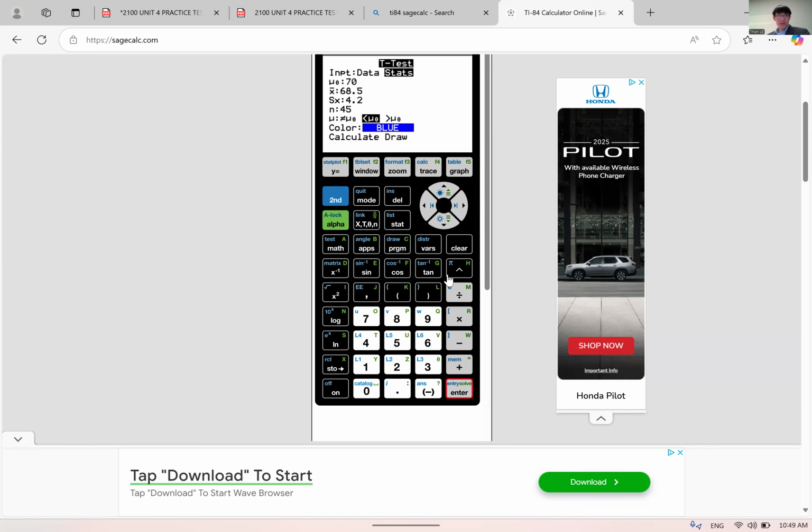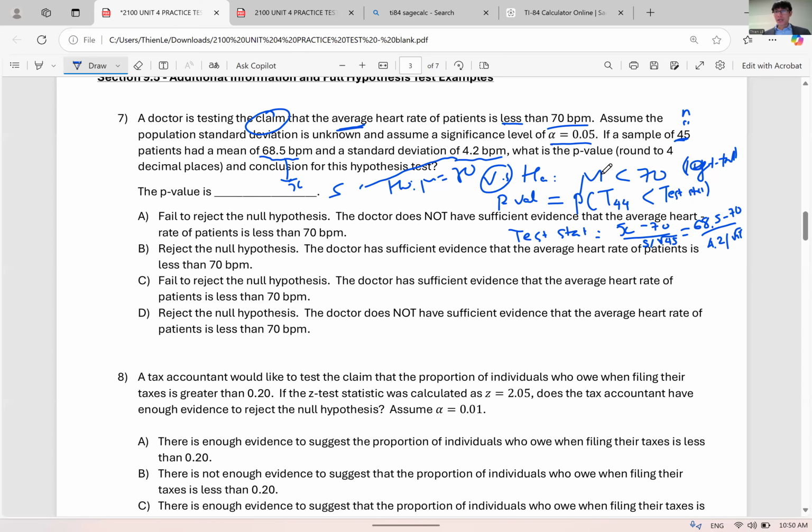It's very important to specify the alternative correctly, because if you choose this option wrong, you will give the wrong conclusion. The calculator gives you the test statistic, negative 2.395. You can also do a tcdf from a very small number to negative 2.395 with 44 degrees of freedom, and you should get the p-value here.